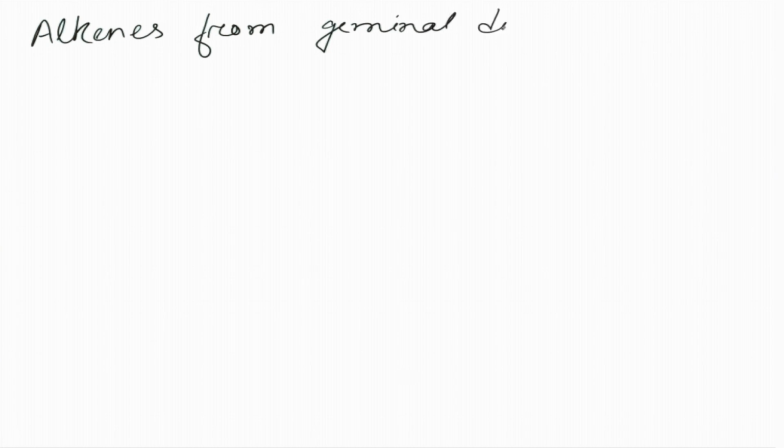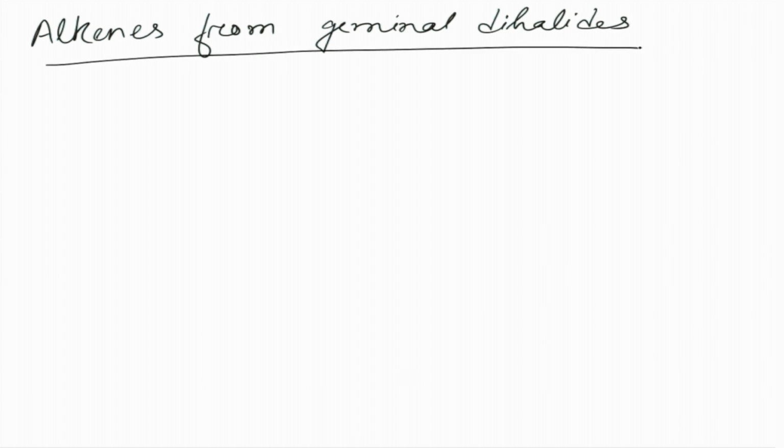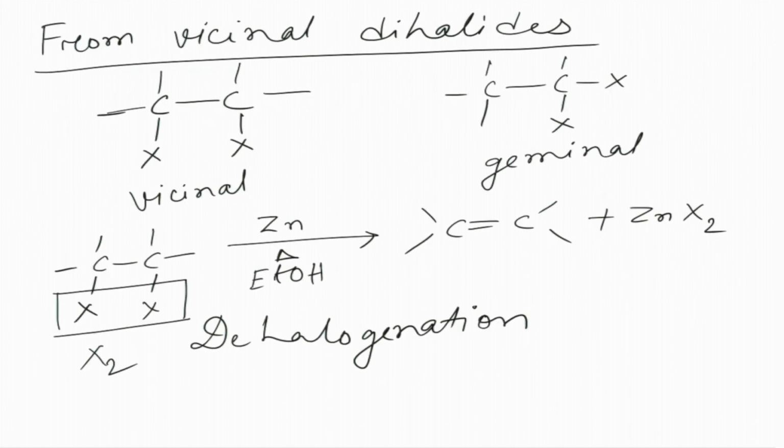In the next method, we obtain alkenes from geminal dihalide. Okay. So we had said what is geminal. Geminal means connected to the same carbon.